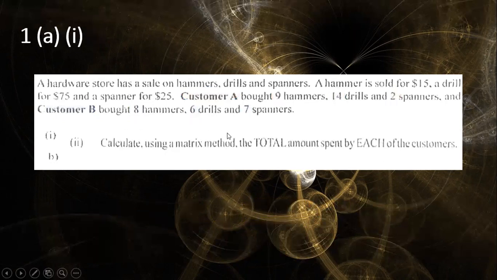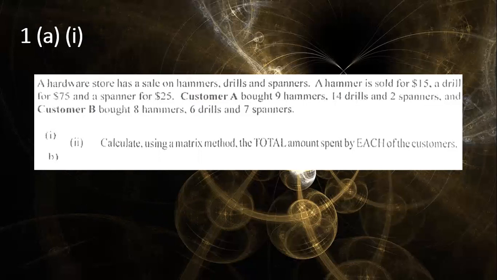Next, it says calculate, using the matrix method, the total amount spent by each of the customers. So using the matrix method, we need to calculate it. Now, simply with the matrix method, we will need to multiply the price of each tool by the number of tools. So we know that definitely there's going to be multiplication involved.